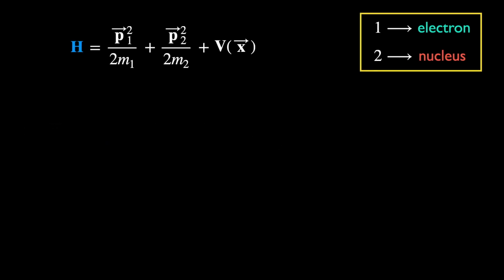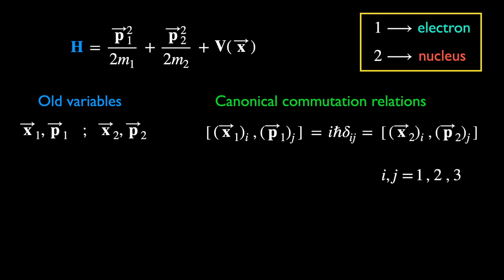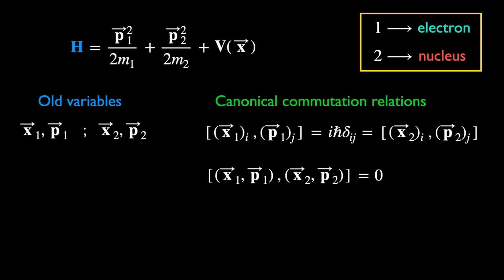We shall call x1, p1 and x2, p2 the old variables, because we are preparing to invent new ones. These are pairs of variables which describe the electron and nucleus that satisfy the usual canonical commutation relations. The commutators between variables of different particles are always assumed to be zero.